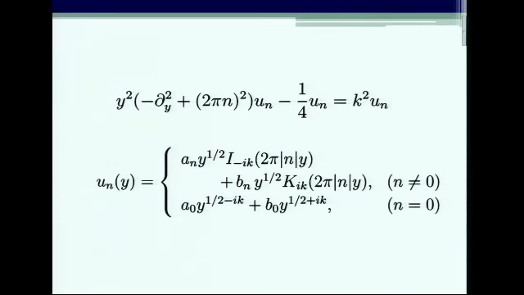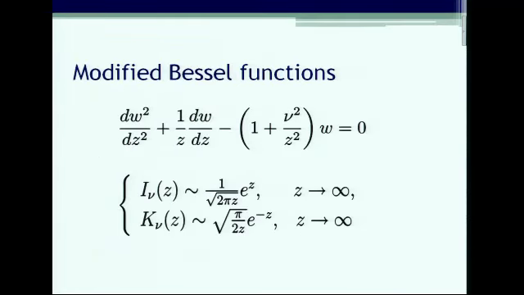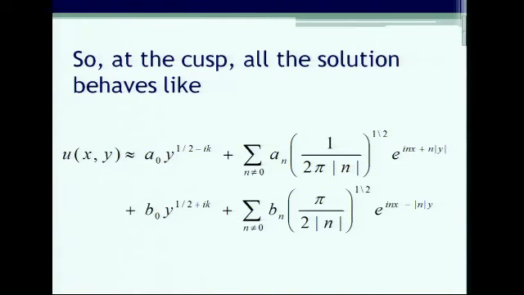And by looking at the behavior of the modified Bessel functions, you see that at the cusp, all the solutions behave like this form. So you have a term which is exponentially growing at the cusp, and also an exponentially decaying term at the cusp.